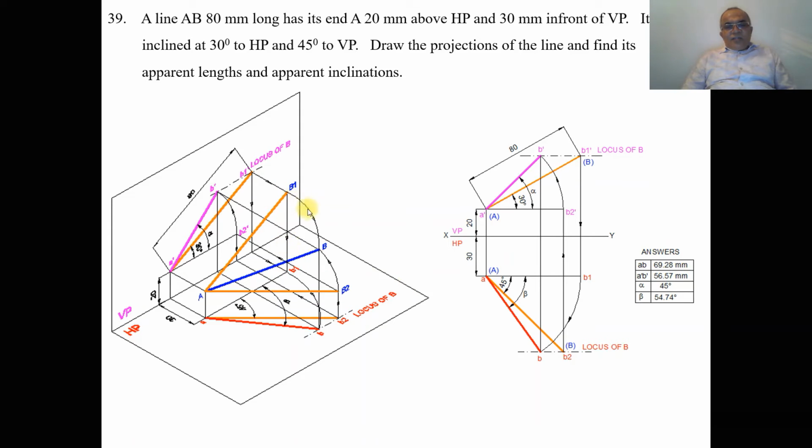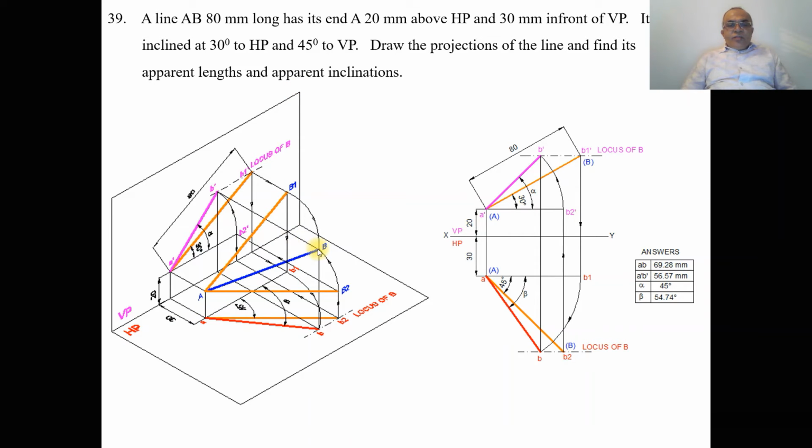So this is the line which is in space in three dimensions. As we rotate this capital AB1 with A as center, the image you get in the horizontal plane rotates till the locus of B in the top view. As it cuts the locus of B in the top view, you stop at this point and mark this point as capital A and capital B. So this is the line you get. Join them.